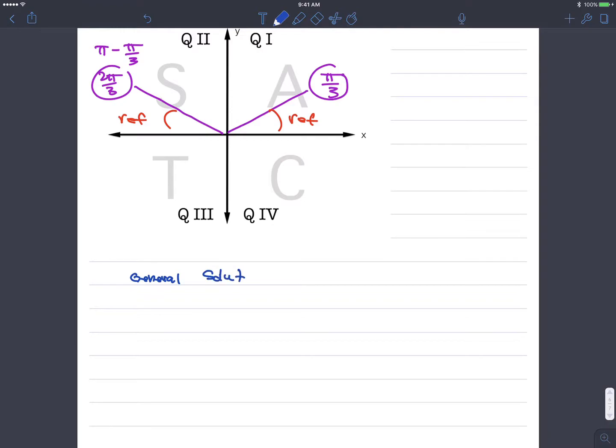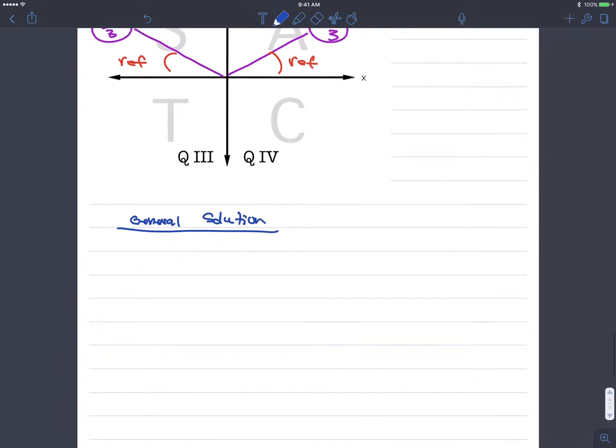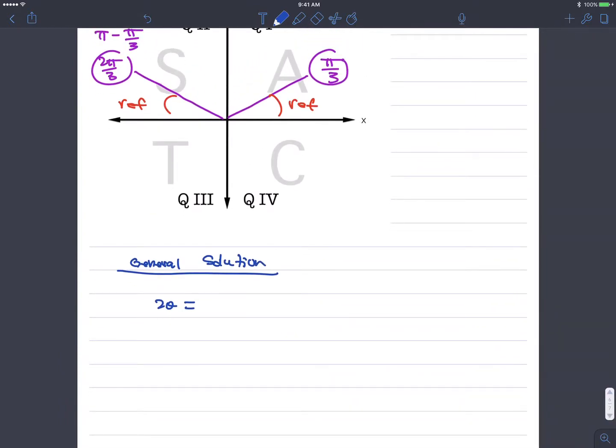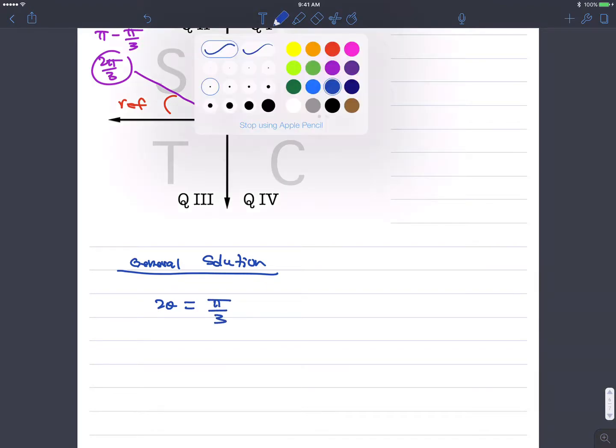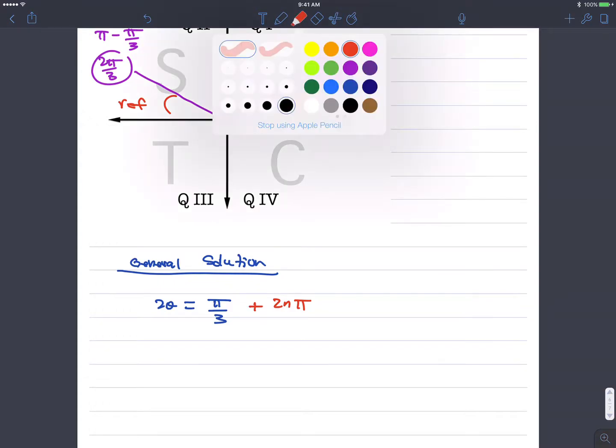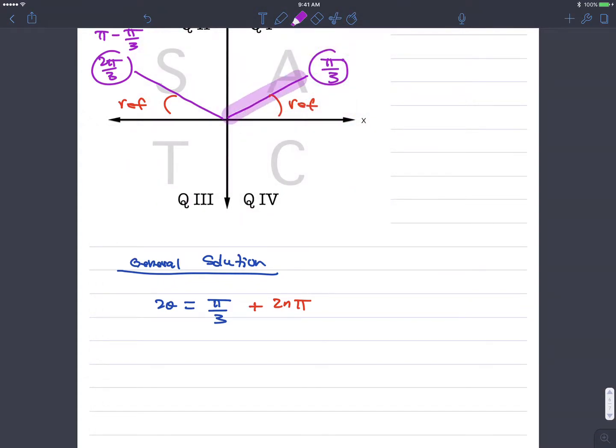General solution. All right. Not theta, but 2 theta. What's my first solution? Pi over 3. What do I add? 2n pi or n pi? Good. 2n pi. Because for this angle, we don't have opposite angle solutions.